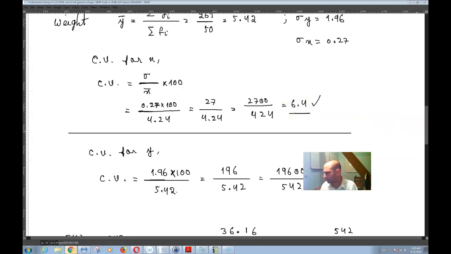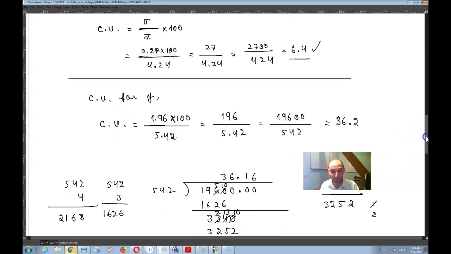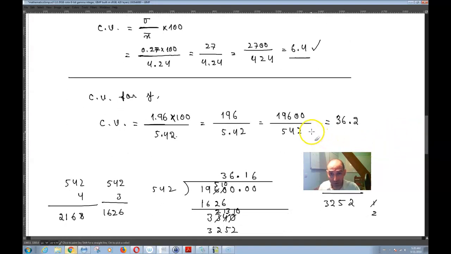Now for the variable y, the coefficient of variation is something about 26. Let me do this calculation here. Let's see what I get. 1.96 times 100 divided by 5.42 is equal to 36. Well, maybe we have made a mistake somewhere, but that's okay.